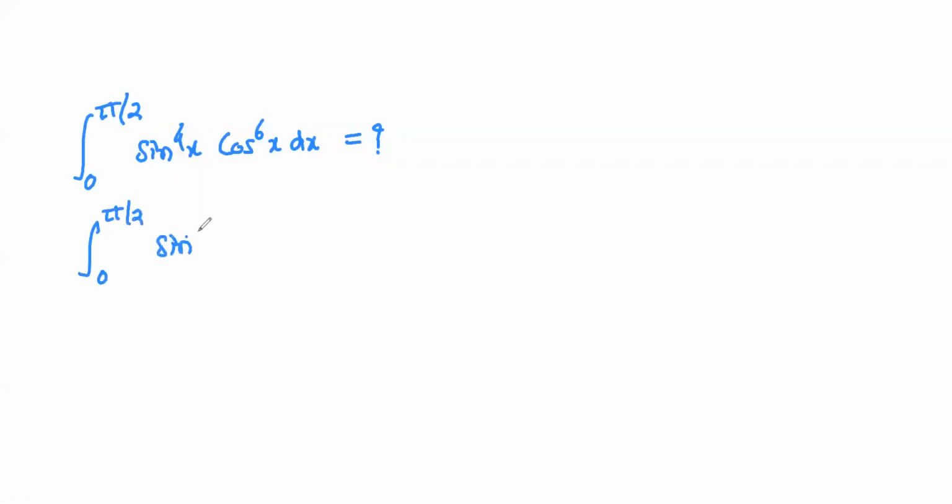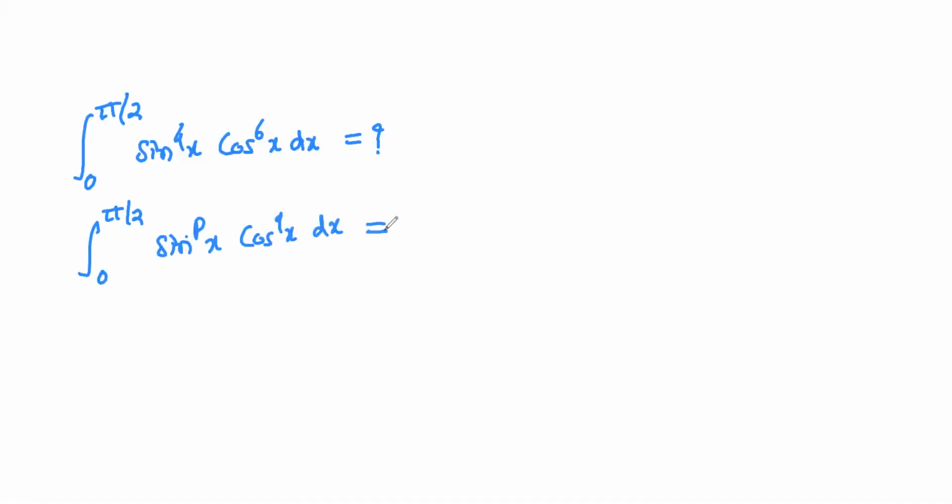just based on the formula we have solved. That is, find out the value of integral 0 to pi by 2 sin raised to 4x cos raised to 6x dx. Find out this value. Just now we have written one formula, that 0 to pi by 2 sin px cos qx dx.